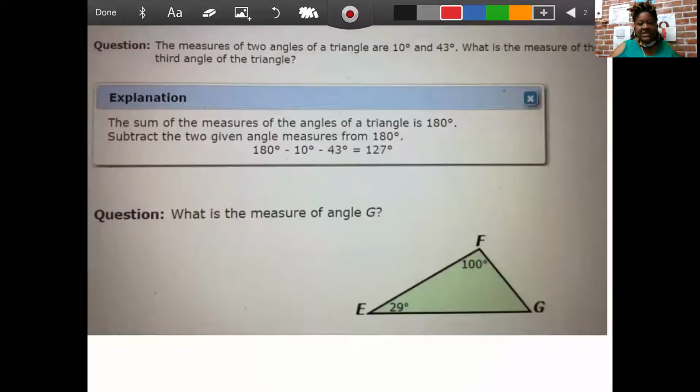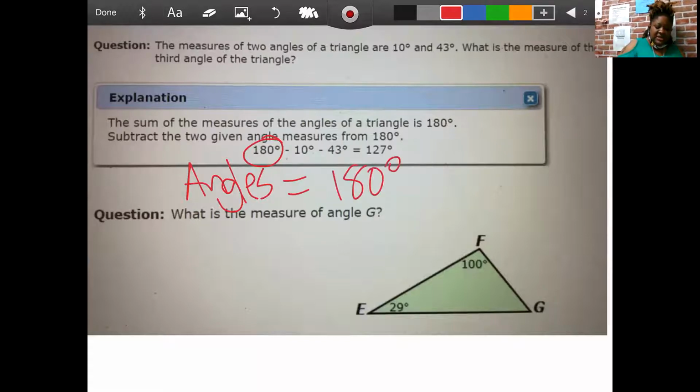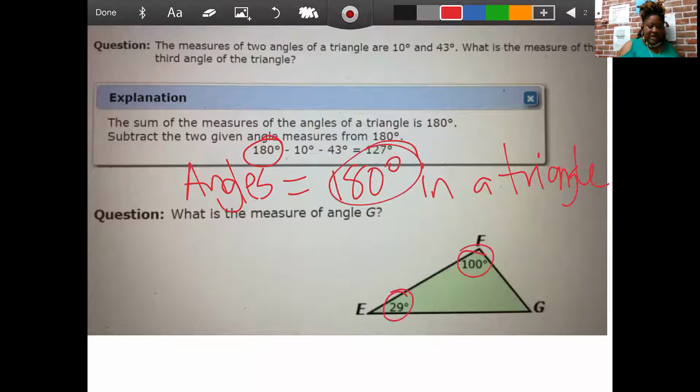All right, so these are just a few concepts I'm going to go over, and then I'm going to let you do your assignment. So remember, the angles in a triangle, you have to remember this. Angles equal 180 degrees in a triangle, okay? That's the magic number. So 100 plus 29 equals 129 degrees.